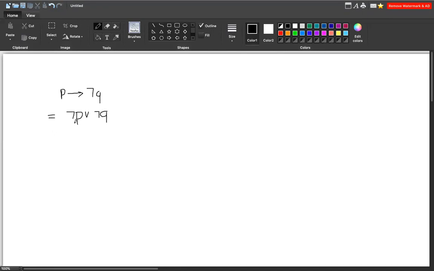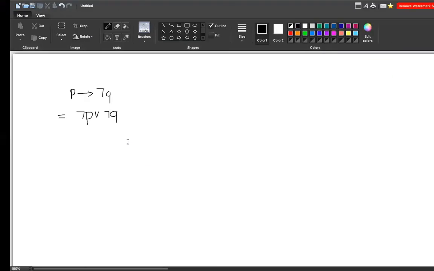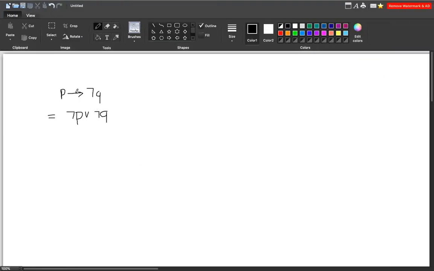Okay, so it becomes negation of P or negation of Q. So we just applied this rule that P implies Q is logically equivalent to negation of P or Q. We make this negation, we replace this with or and with this negation, and then the rest stays the same. Okay, so this is logically equivalent to this.